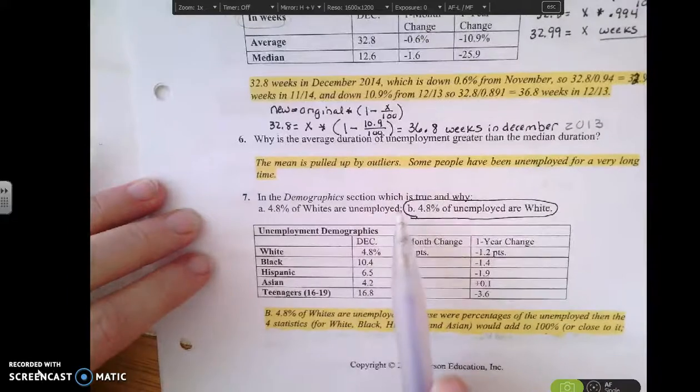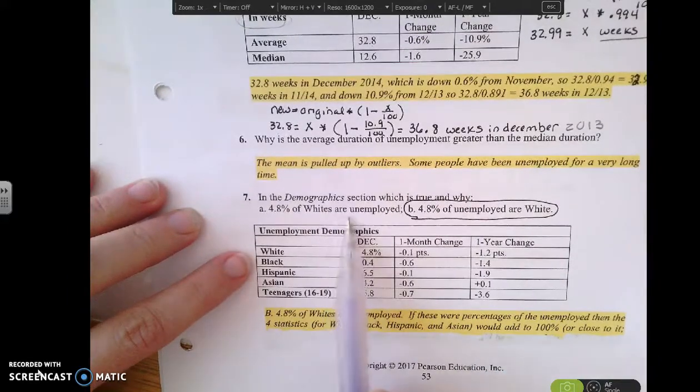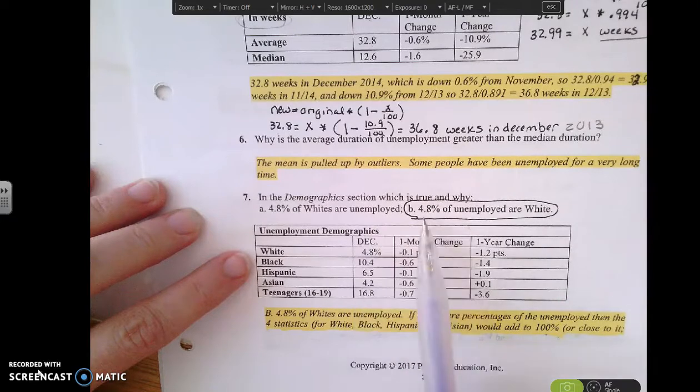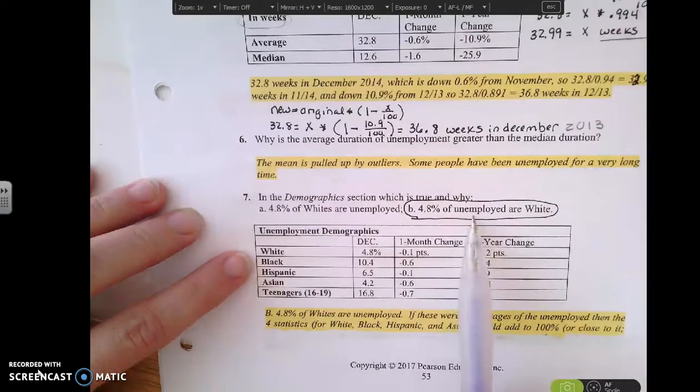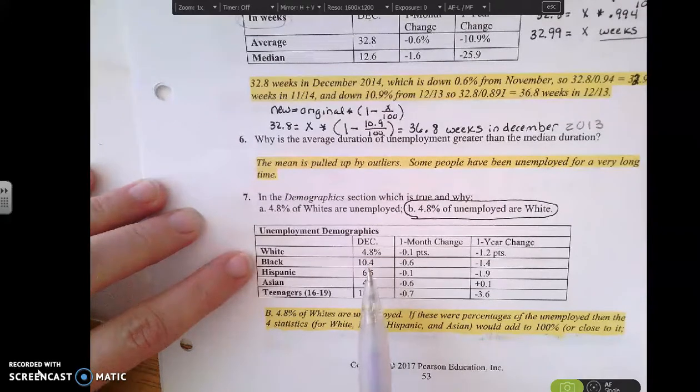All right, so this last one, in the demographic section, which is true, so 4.8% of whites are unemployed, or 4.8% of unemployed people are white. So this is talking about people that were unemployed. So it's not saying that 4.8% of all whites are unemployed.